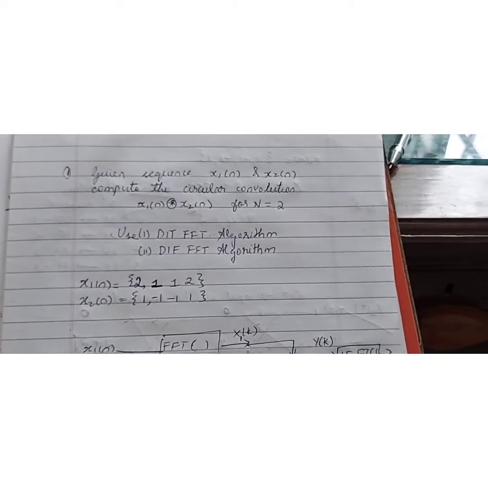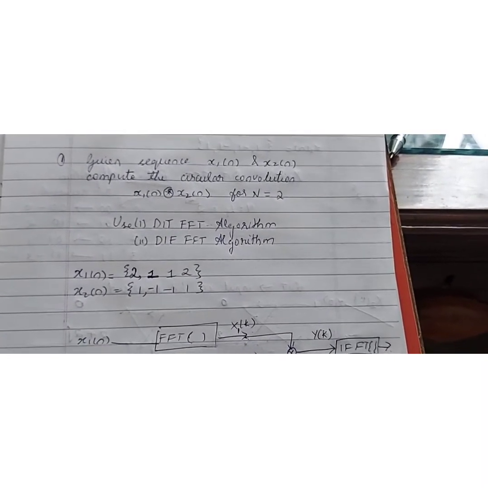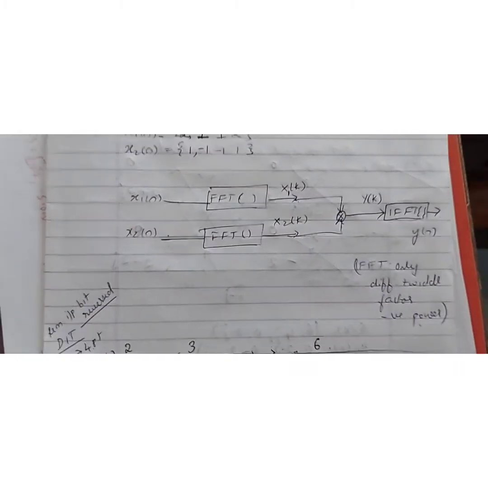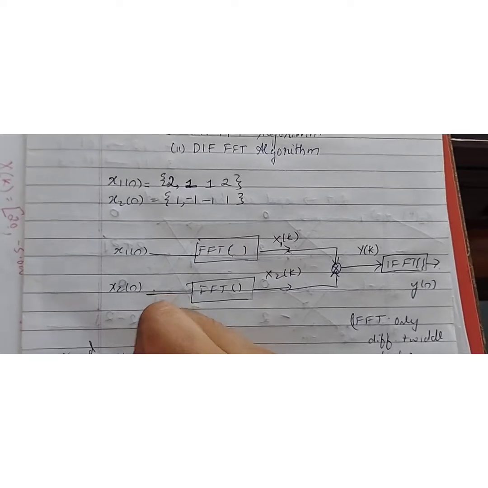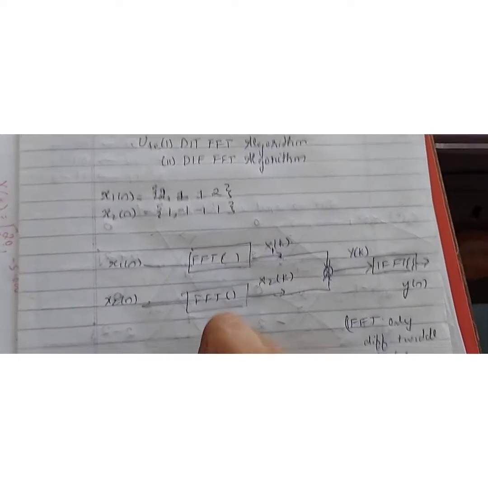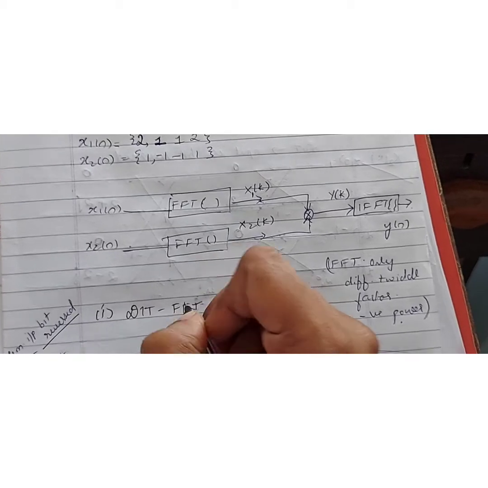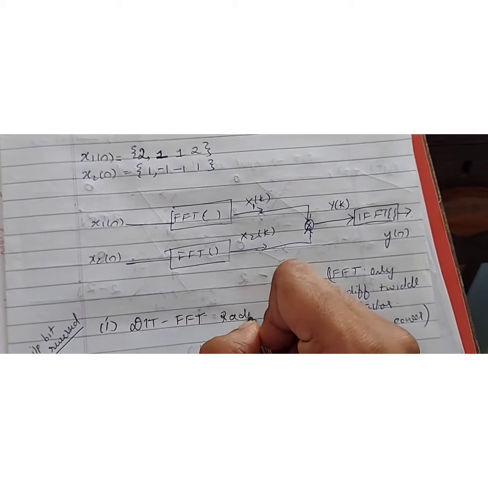We'll solve the same problem using DIF also. Okay, so have a look. This was a question. Sequence x1 and x2 is given, DIT and DIF. So we have done the first method, that is the first one using DIT FFT radix 2. Okay, we have done using this.